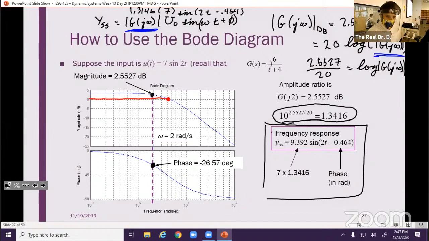For frequencies between 0.1 and about 6 radians per second, you are going to amplify your signal. You are actually going to get more amplitude out. Once we start crossing 0, anything above 0 is amplification. Anything below 0 is attenuation.